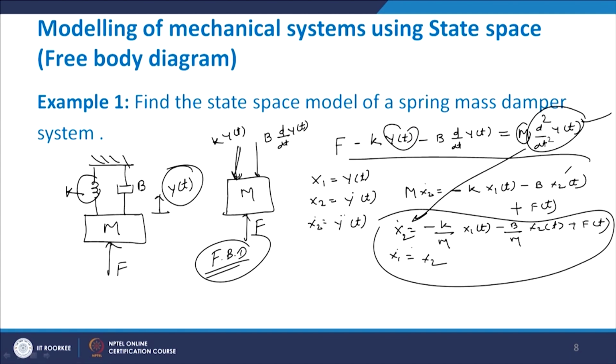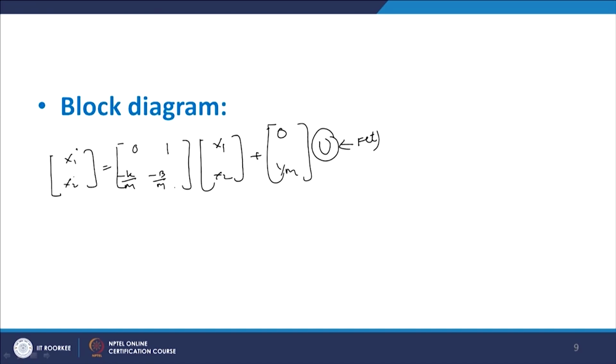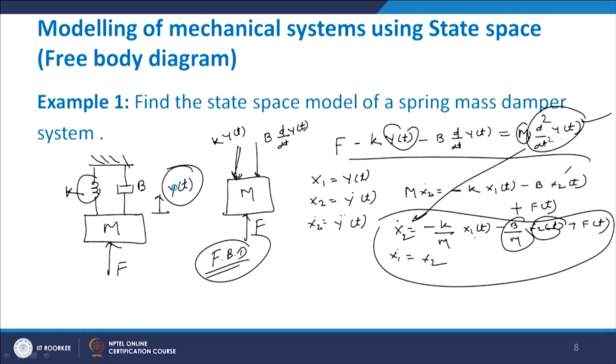So, you will just see here: x2 dot equals minus k by m into x1 of t, and the term of x2 of t is minus b by m. So, here we have written minus b by m, and the term of f of t, if you divide by m, becomes f of t divided by m. So, finally, the equation is x2 dot equals minus k by m into x1 of t, minus b by m into x2 of t, plus 1 by m into f of t.